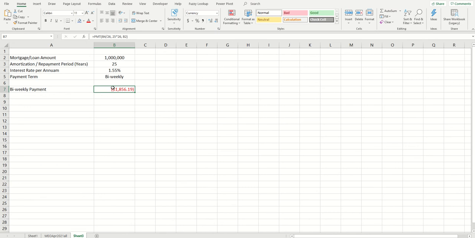Now, if you want to make an amortization table, you can also make it quickly. Let's just do it quickly.